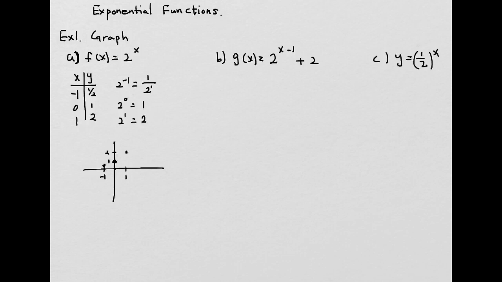And if you want to, you can try more numbers, like maybe, what about negative 2? When you replace x with negative 2, that's going to be 2 to the negative 2, which is 1 over 2 squared, that's 1 over 4.